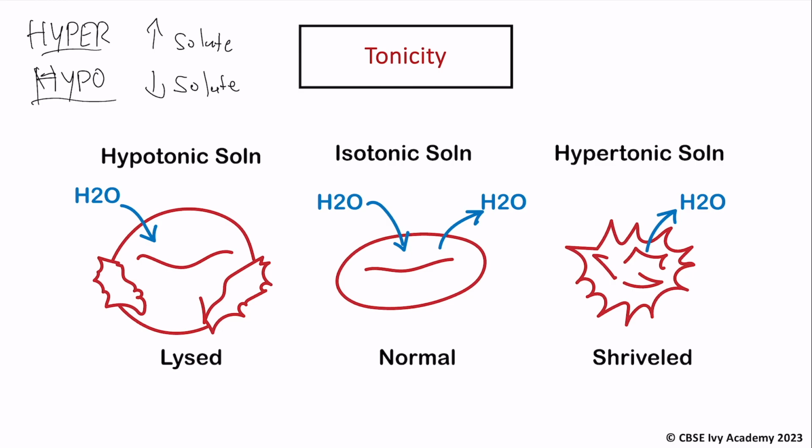So water will flow from where there's less solute to where there's more solute in order to dilute out the area that has more solute and equilibrate the concentrations. Now if a solution is hypotonic, that means that there is less solute outside, but there's a lot of solute inside.